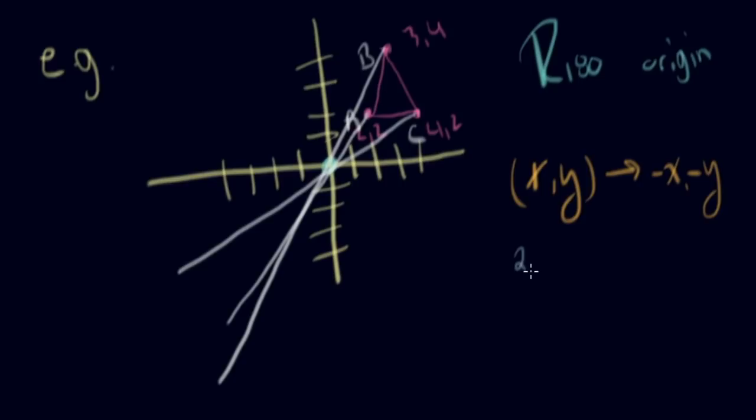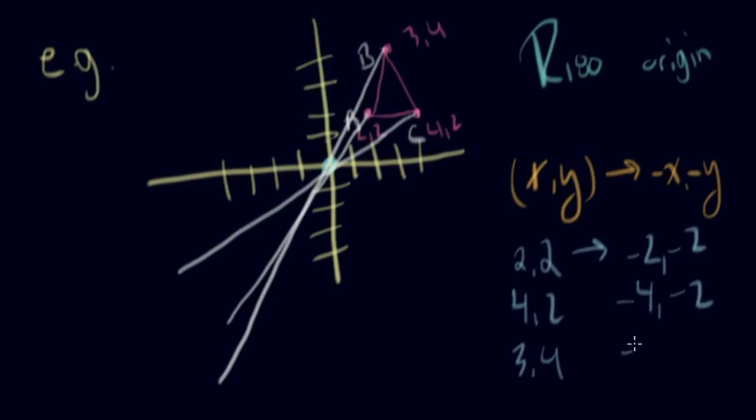If it was 2, 2, this is nice and easy. It would be negative 2, negative 2. If you were 4, 2, that'd be negative 4, negative 2. And if you were 3, 4, then you'd be negative 3, negative 4.